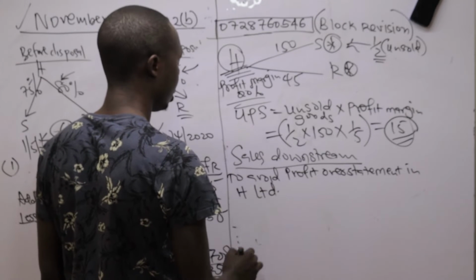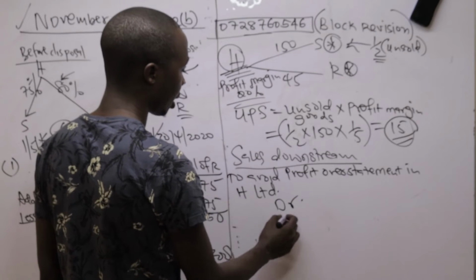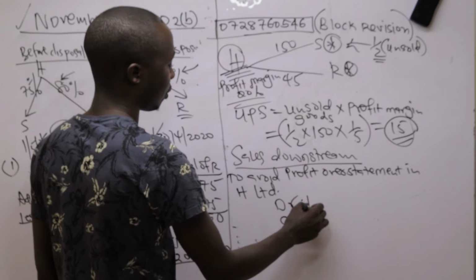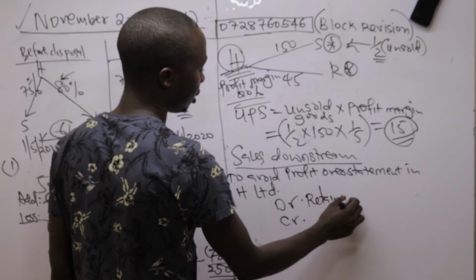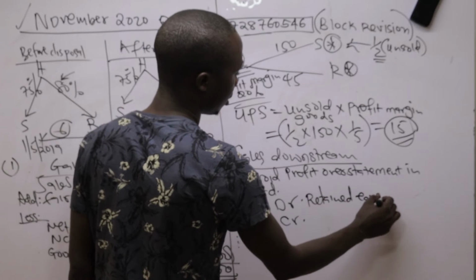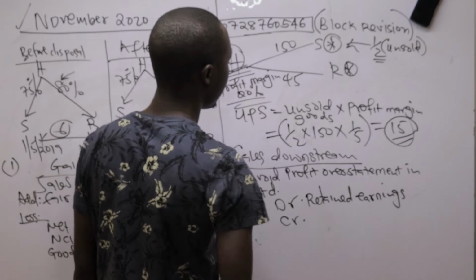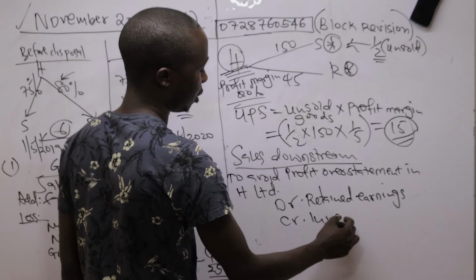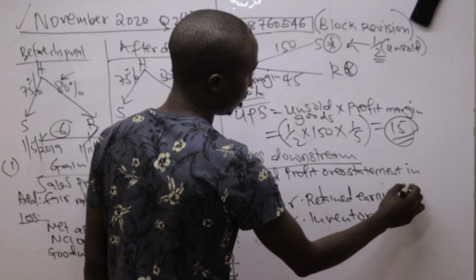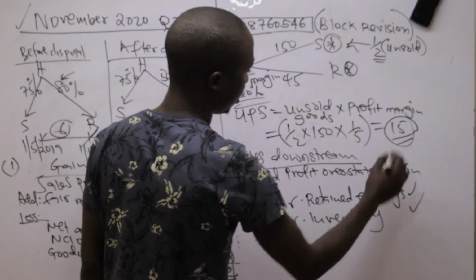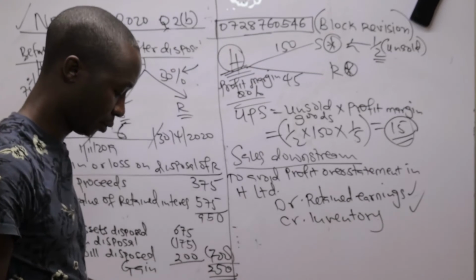We do what? Debit which account and credit which account? We have to reduce our retained earnings. You debit the group retained earnings account, and you credit inventory. That is what you are supposed to do.